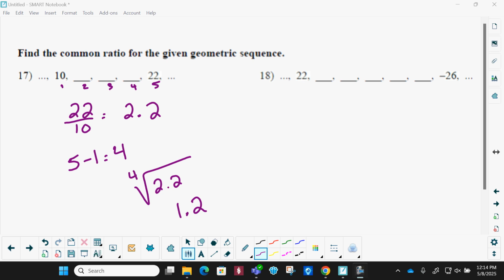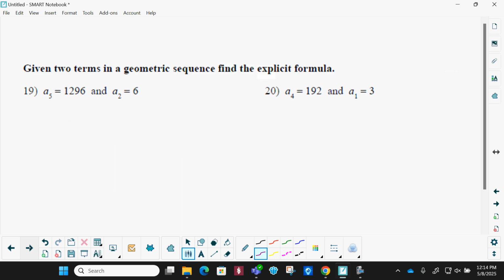Okay, so now let's move to the next one. We want the explicit formula. So remember the formula is AN equals A1 R to the N minus 1. So we got to find our R value. You want to be careful here. It's a little sneaky. These are not in order. So A6 and A5 to the 1296. Okay, we want to put these in order.